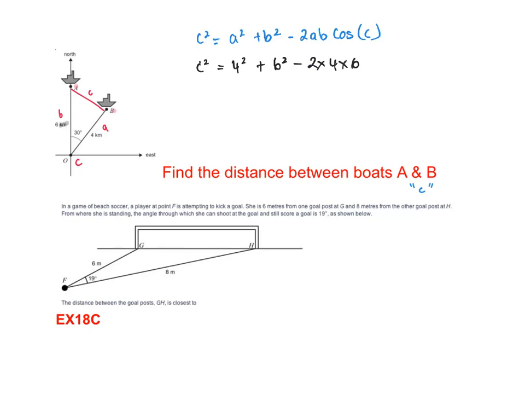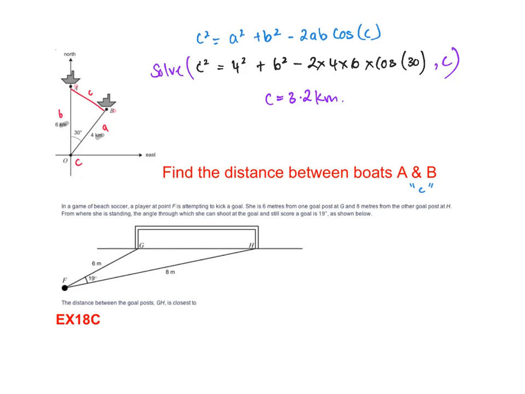I've double checked and they're both kilometres, so that's okay. Times cos 30. Make sure your calculator's on degrees, and we just pop in solve, comma c, and we'll get the answer. So I got c to equal 3, and I'm just going to do 1 decimal place, kilometres.